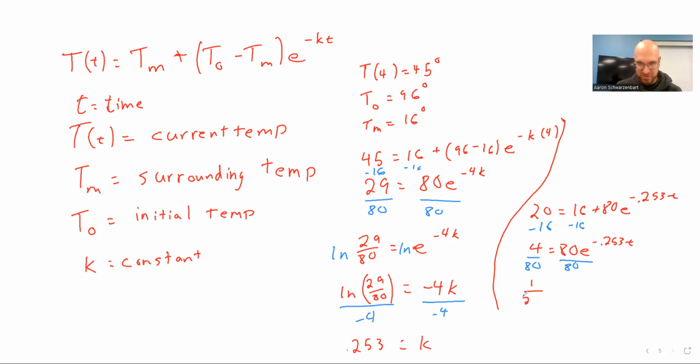That's 4/80 is 1/20th. They didn't reduce it in the book, and I'm not sure why. E to the negative 0.253 t. So again, I'll ln both sides. I'm not writing it in this time. And then I'll divide by negative 0.253. Giving me a time of approximately 11.81 minutes. This has cooled rather quickly.